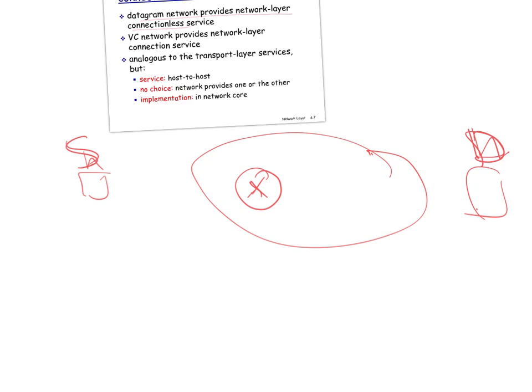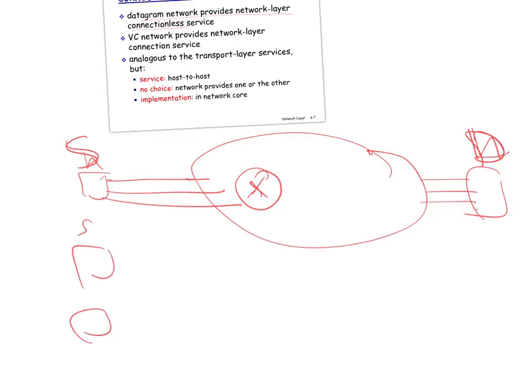If I have the source here, having multiple connections, all of them are going to that destination. How does the router manage this? Or if I have another source here and another source here, so this is source 1, this is source 2, this is source 3, all of them are sending to the same destination. Let's talk about this scenario.